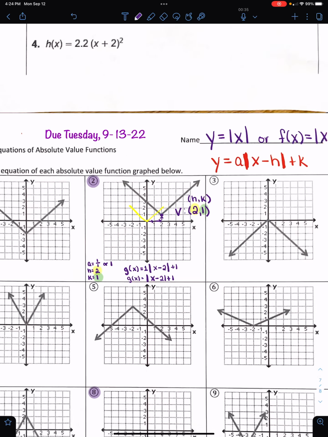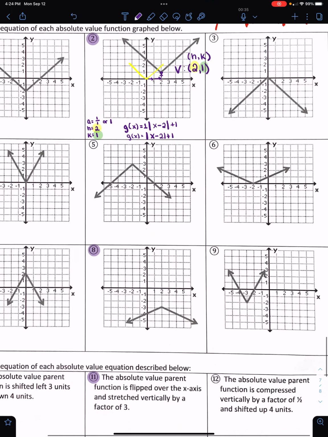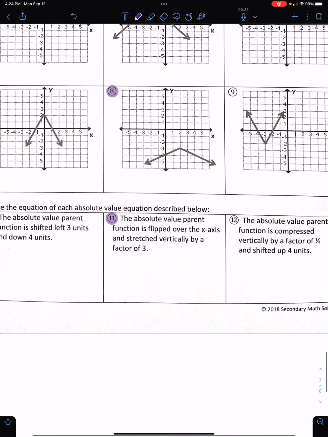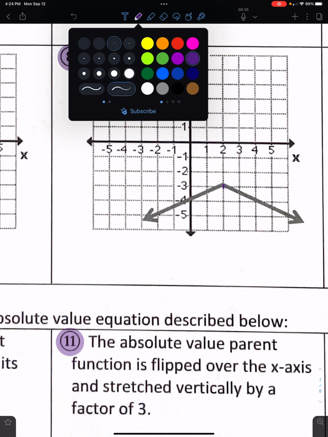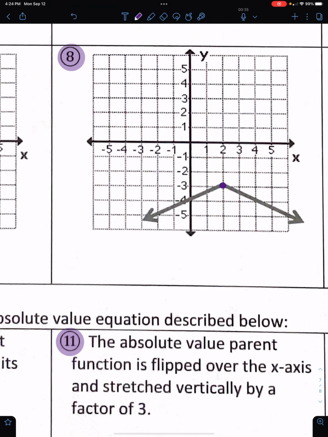Now let's go on to number 8. On number 8, first thing I'm going to do is find the vertex. This vertex is at positive 2, negative 3.